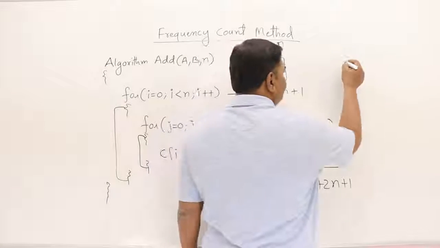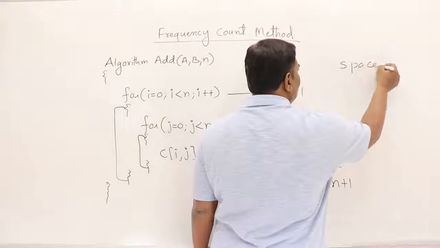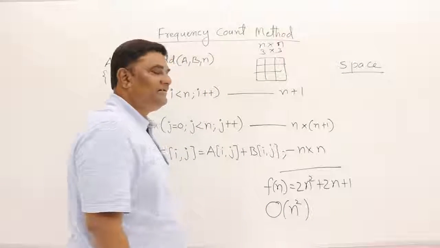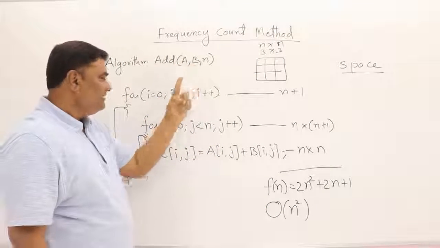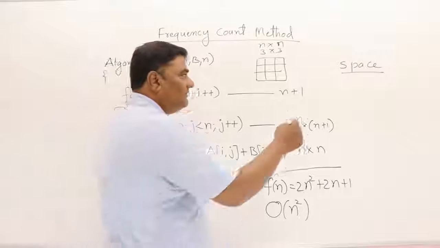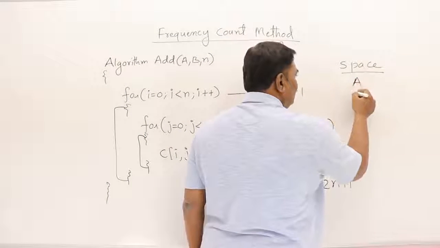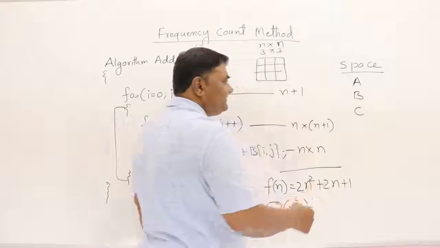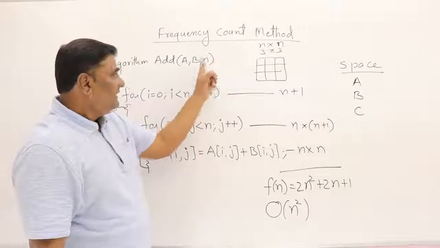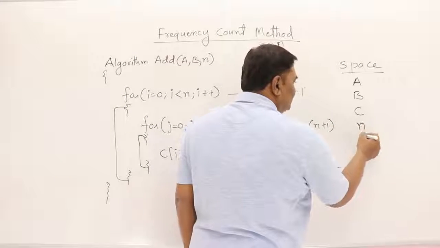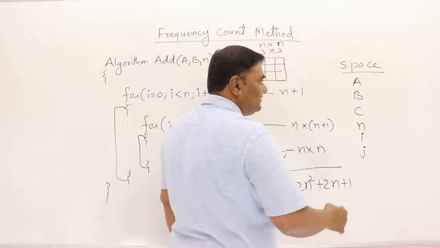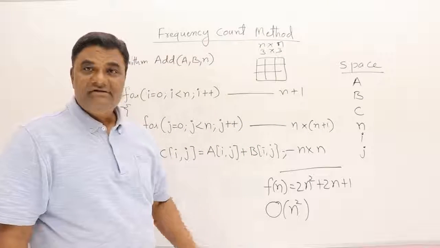Let us take space complexity. What are the variables it is having? A, B, and C, and N, I, J. What are A, B, C?